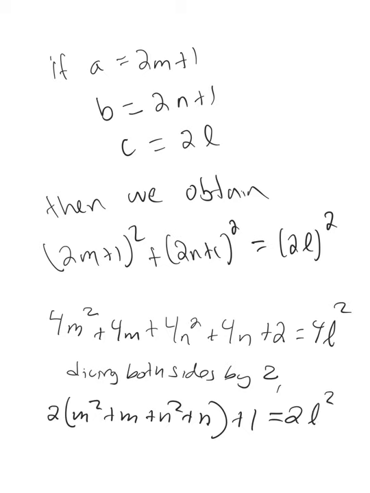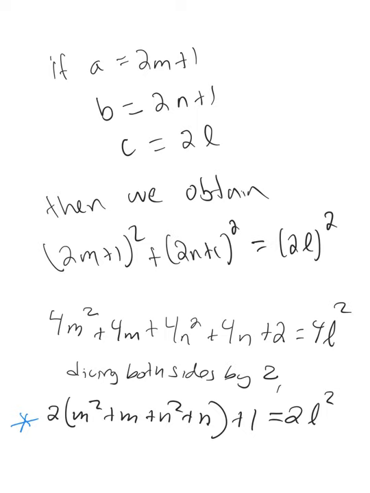So if we assume that A and B are both odd, which forces C to be even, we plug in these expressions for A, B, and C, and we have this equation right here that I put a star by. So look at that equation for a minute. We actually have a contradiction right now, because if we look at the left-hand side, we have an odd number because we have 2 times something plus 1, and the right-hand side is even.